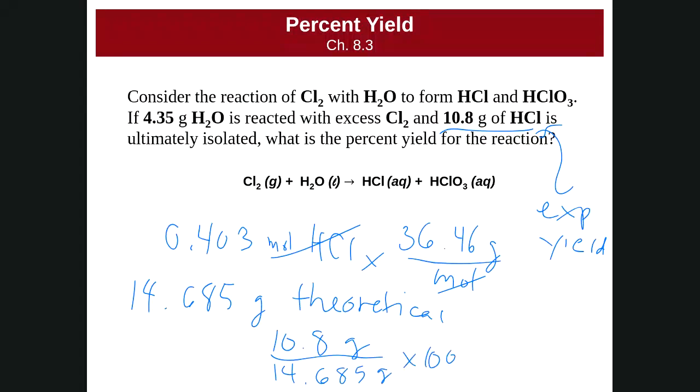And our final answer is 73.5% yield. So our reaction was 73.5% successful, and we lost 26.5% of our product somewhere along the way. All right, so that's it for percent yield. So I'm going to end this video and then we'll start with 8.4.